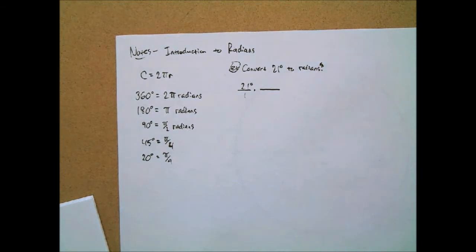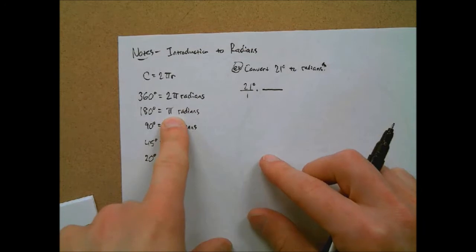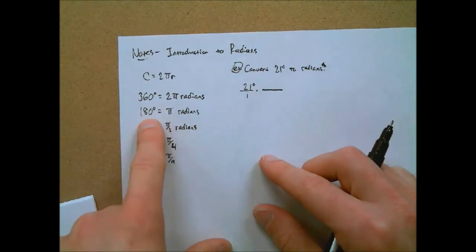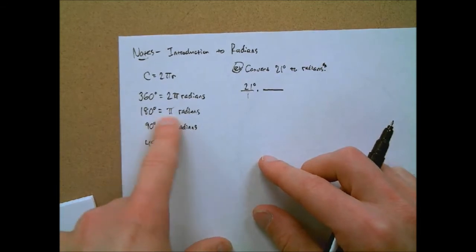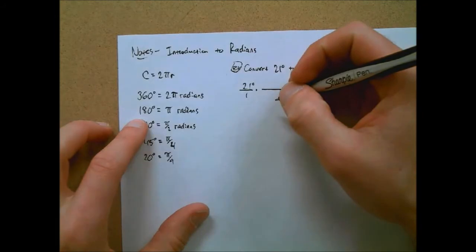Now, for the conversion factor, you want to use a radian and degree measure that you already know are equivalent. So, Idris chose to use the 180 and the pi. But you could use any of these. You could use 360 and 2 pi, or the 90 and pi over 2. I'd say Idris probably chose the best one, though. 180 and pi is best because it's most simple. And if you remember for dimensional analysis, we want the degrees to cancel.